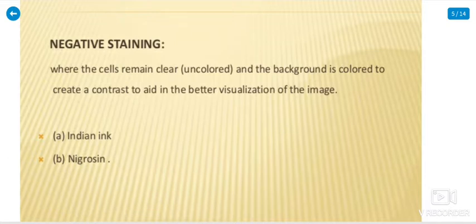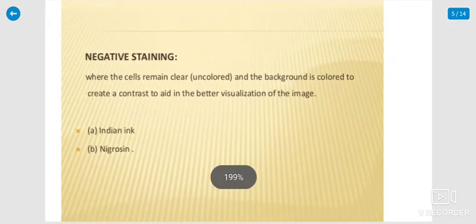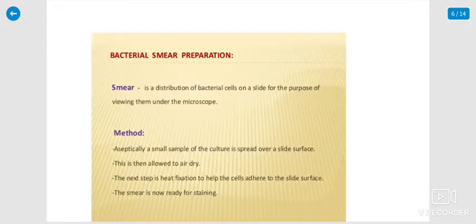Examples are Indian ink and nigrosin. These stains are only for the background. The microbes are uncolored, so the image is visualized in the microscopic view. This is called negative staining.